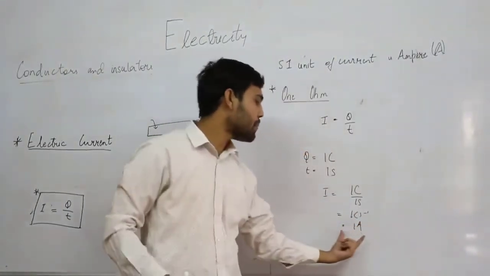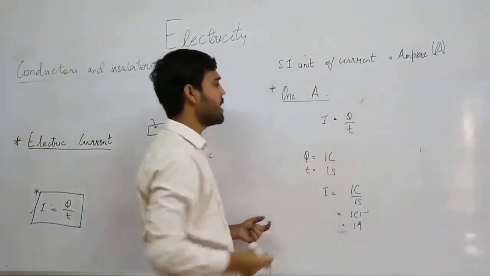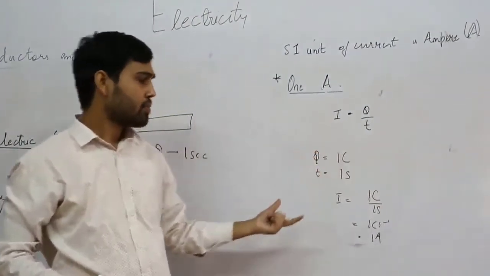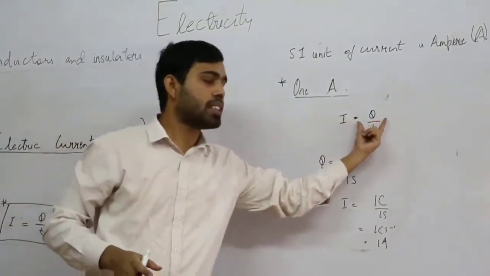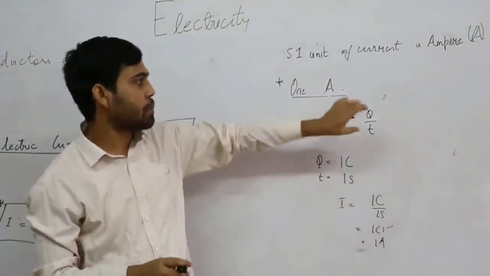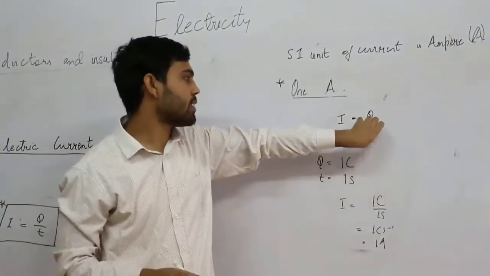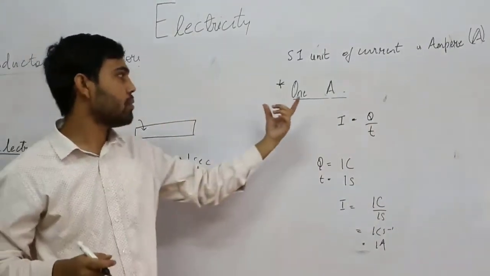So what is 1 ampere? 1 ampere is the amount of current flowing through an object when 1 coulomb of charge flows through the object in a time of 1 second. The definition is simple: just replace your charge by 1 coulomb and your time by 1 second. So again I am repeating, what is 1 ampere?